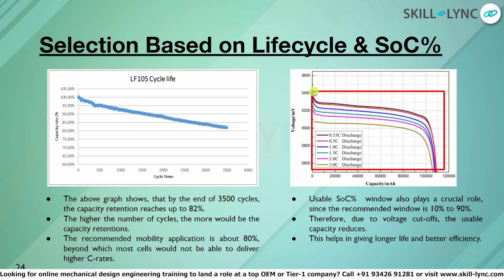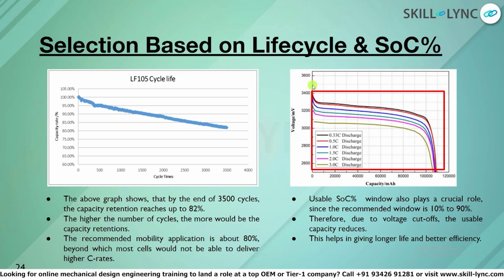So by limiting these voltages, you will lose some capacity, but still you will have your required 200 AH capacity there. By selecting a cell slightly higher than what is required, you can always limit your voltages to a recommendable SoC like 10% to 90%, so that even though you lose capacity, you are still meeting your required capacity.